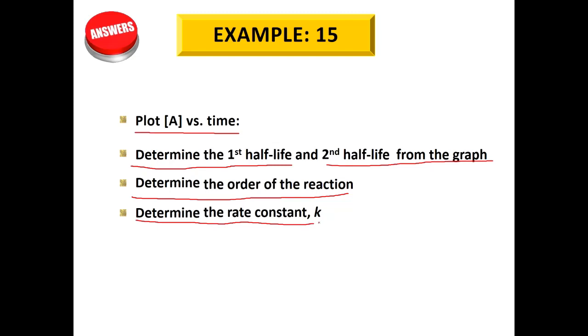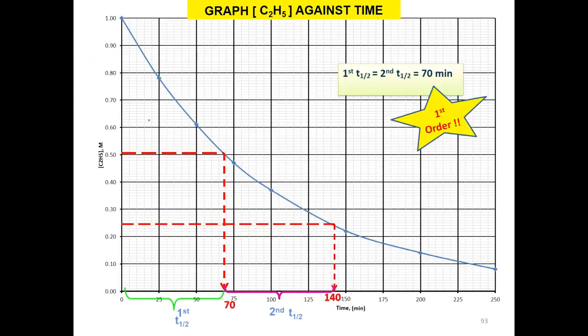k. The first thing that you have to do is plot the graph of C2H5I against time, the blue color one. This one is step number 1. You have to plot the graph. This one is your concentration A0. A0 is equal to 1.